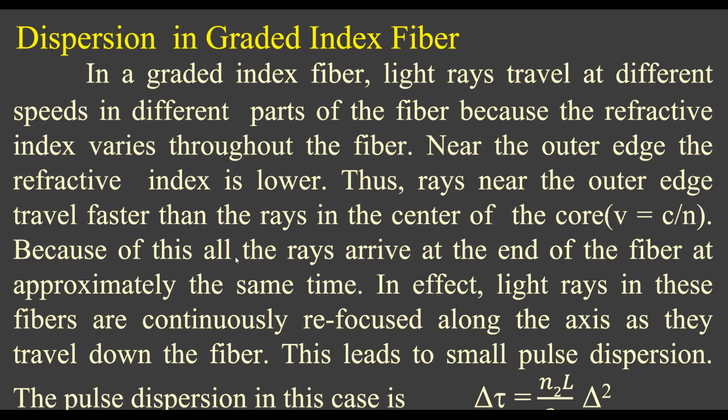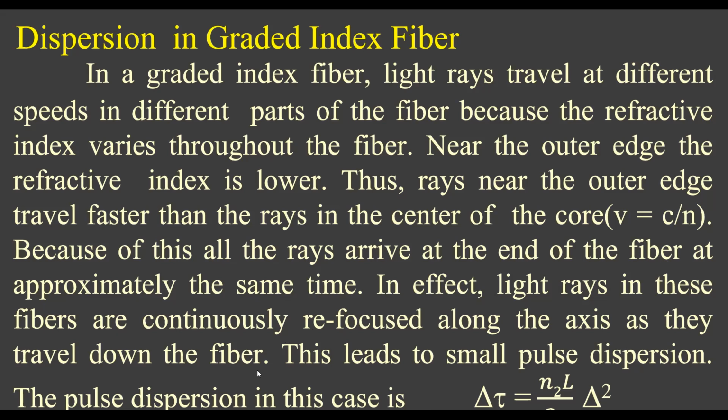Because of this, all the rays arrive at the end of the fiber at approximately the same time. In effect, light rays in these fibers are continuously refocused along the axis as they travel down the fiber.